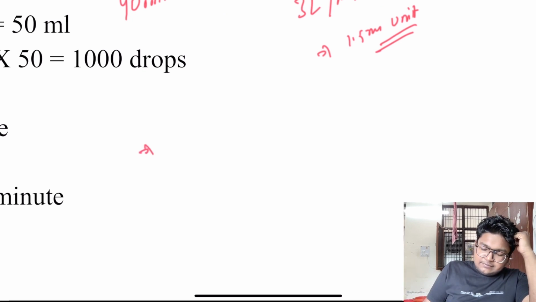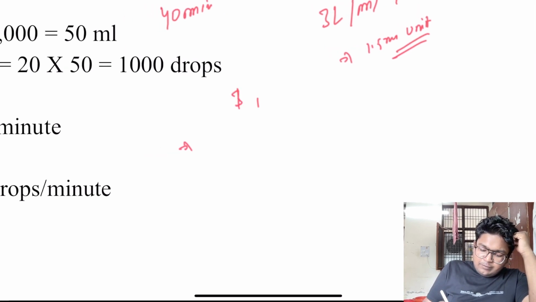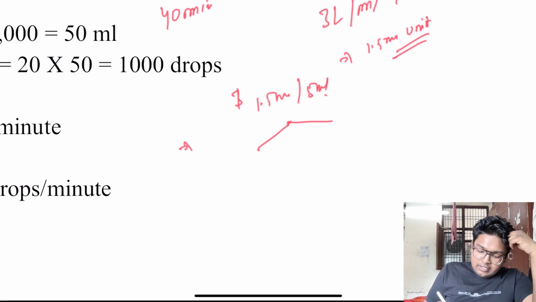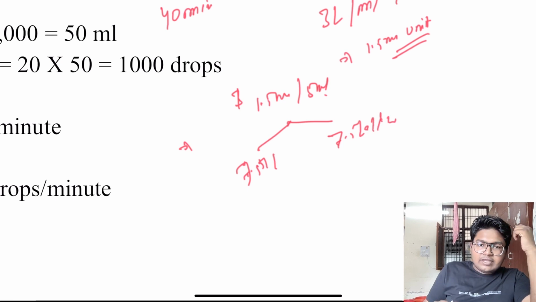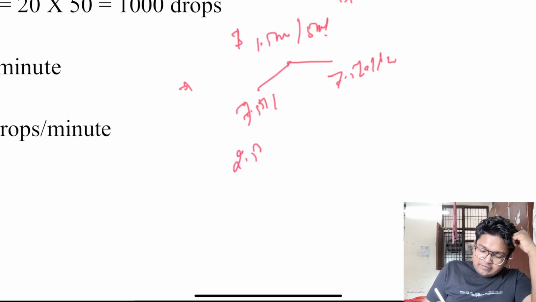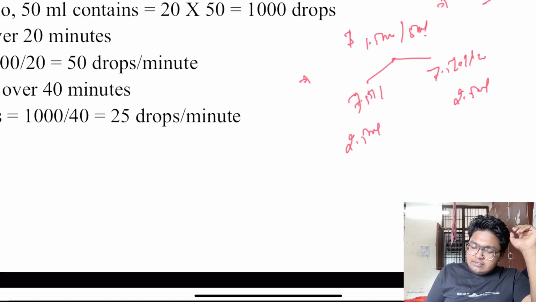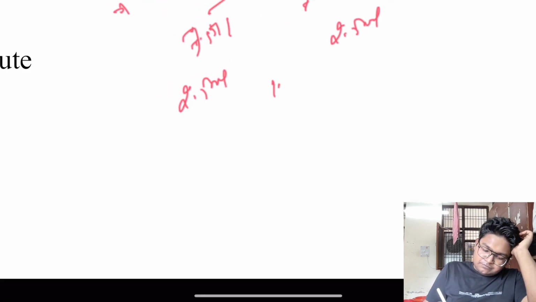I can say that 1.5 million is in 5 ml, we have to give equal doses, like 7.5 lakh and 7.5 lakh. So 2.5 ml, 2.5 ml, to be given in 100 ml saline.